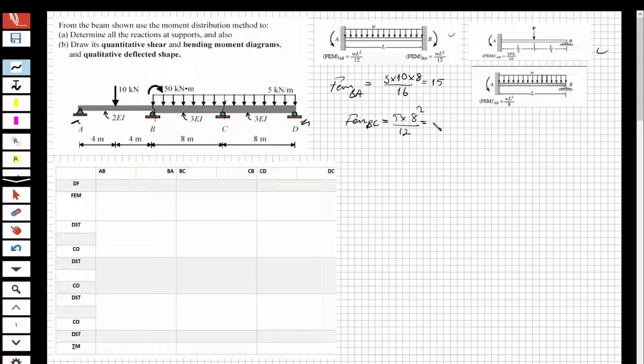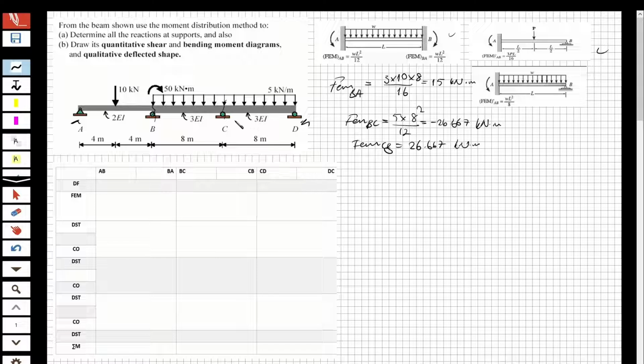This is going to be equal to minus 26.667. And the fixed end moment CB is going to be the positive of that. This is in kilonewton-meters, sorry, we have to always specify the units.